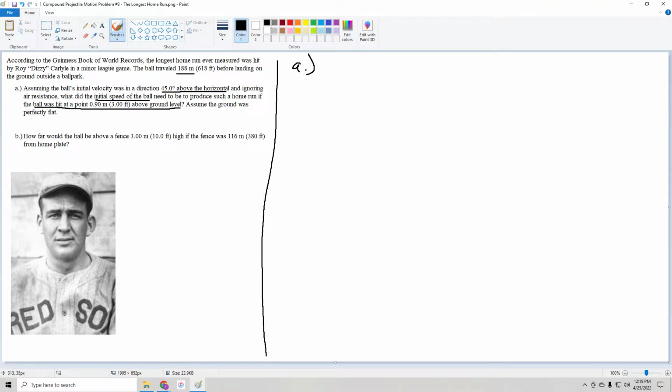What's important with these problems that are very wordy, I would recommend writing out everything that you are given so you can digest these lengthy sentences a bit more carefully. So we have the range being 188 meters. The angle was 45.0 degrees.